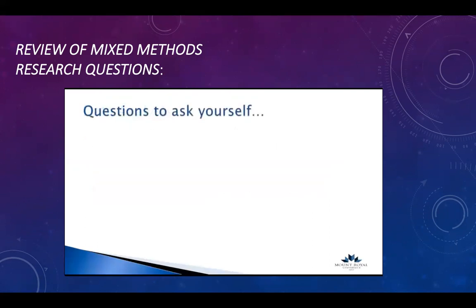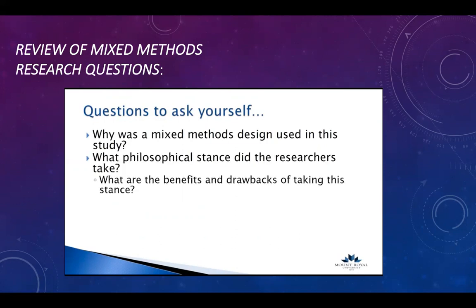So questions to ask yourself when you're looking at a mixed methods research study. Why was mixed method design used in this study? What philosophical stance did the researchers take? What are the benefits and the drawbacks of taking this particular stance? Was it more heavily weighted, quantitative or qualitative?